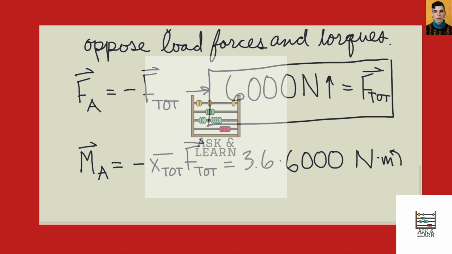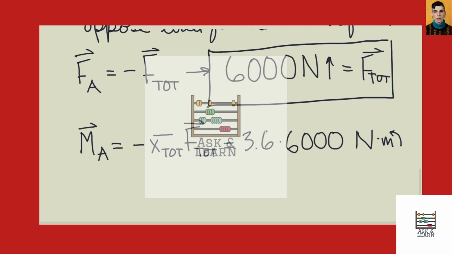So we can figure out the magnitude of this torque by multiplying the location of the centroid at 3.6 meters times the total load. And we know that the torque is exerted in the clockwise direction by the load, so the reaction has to oppose that exactly, so it'll be the same magnitude in the counterclockwise direction.